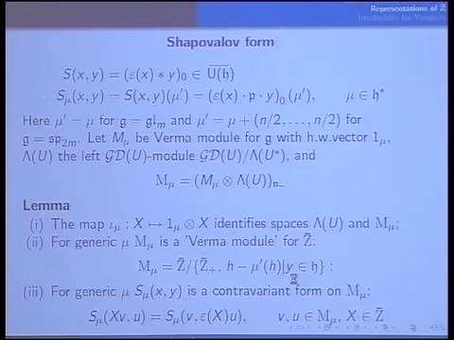Then this Shapovalov form can be viewed as a contravariant form on the so-called analog of the highest weight module for the Mickelsson algebra. Namely, this module is the space of coinvariants of the tensor product of a Verma module and the natural module of differential operators, which is the Grassmann algebra of the initial variables.